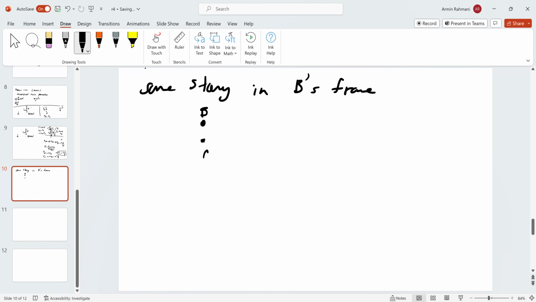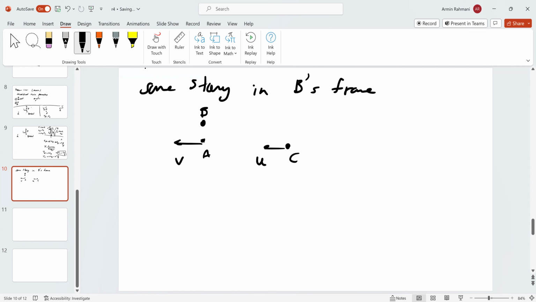She will see A moving to the left with velocity V. So that's what B sees. And then what's happening to C? Well, C is somewhere over there, and is moving this way with some velocity. Let's call it U in this way.